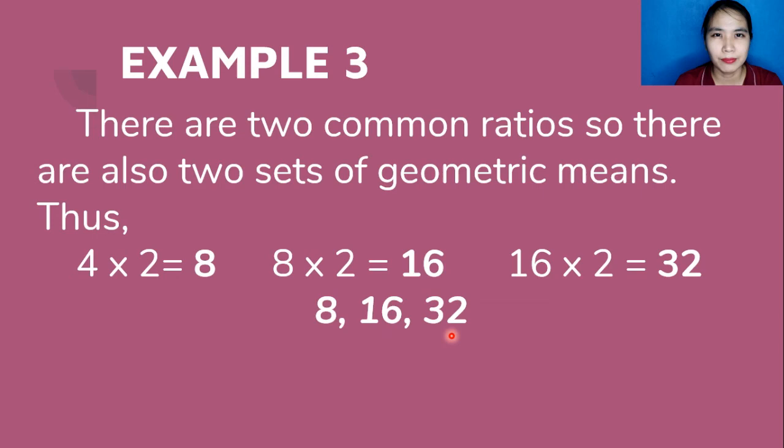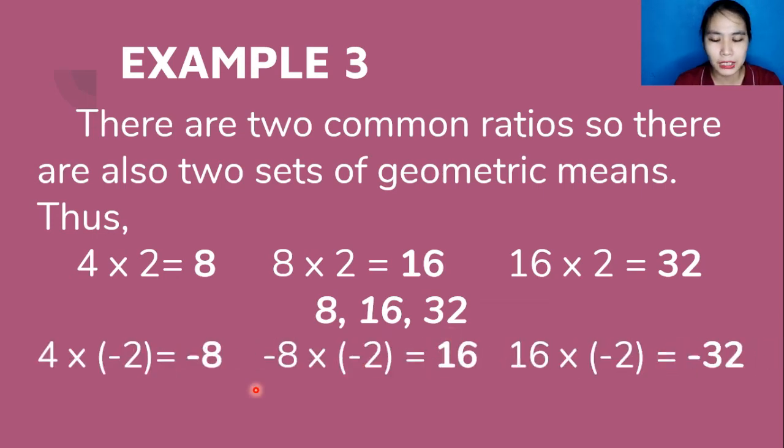For the second set, if our r is equal to negative 2, we have 4 times negative 2 equals negative 8. Negative 8 times negative 2 is positive 16. And positive 16 times negative 2 is equal to negative 32. So the second set of the geometric means will be negative 8, positive 16, and negative 32.